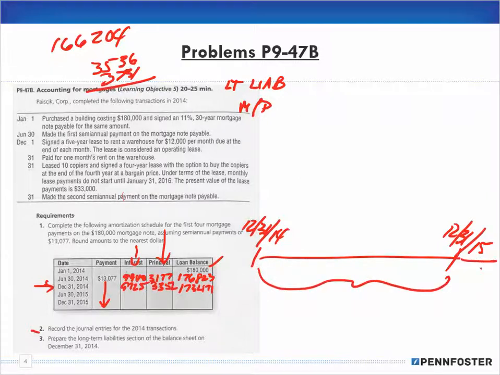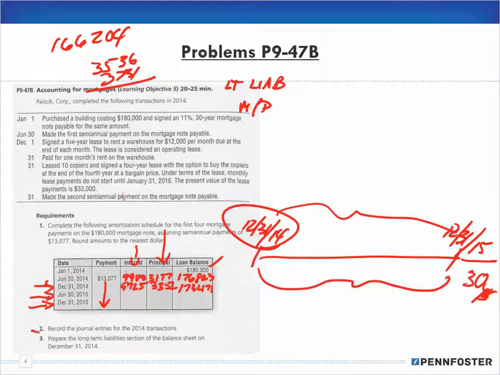Remember that this mortgage payable is going out for 30 years. But we have the current portion, and we're looking at what's going to be paid over these next 12 months. And that's where having done these two calculations on this amortization table comes in.